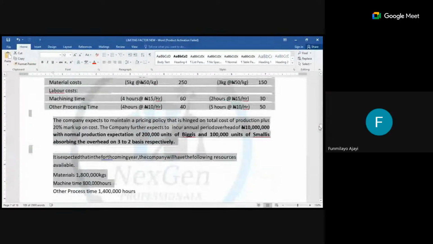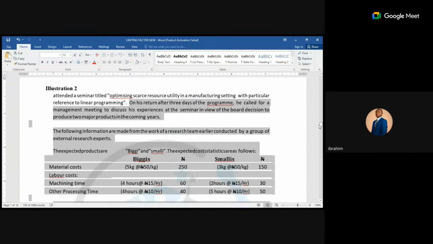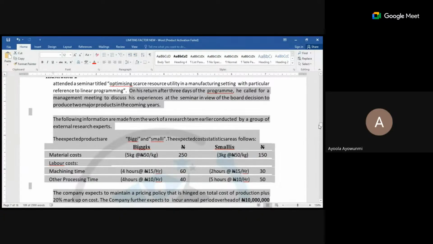1 year. 3 years. 2 years. How did you arrive at 2 years? Because we are calculating for the 4th year.